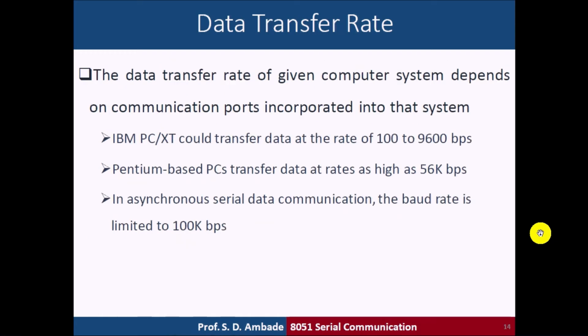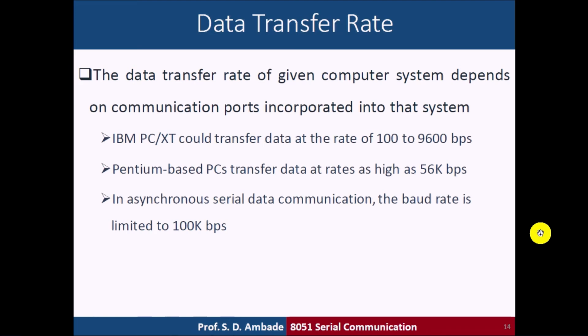The data transfer rate of a given computer system depends on the communication port incorporated into that system. IBM PC could transfer data at the rate of 100 to 9600 bits per second. Pentium based PCs transfer data at rates as high as 56 kilobits per second.